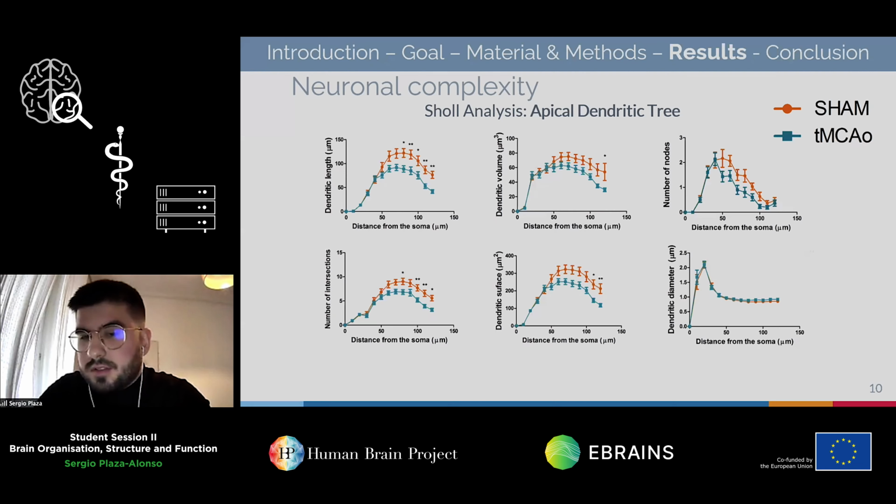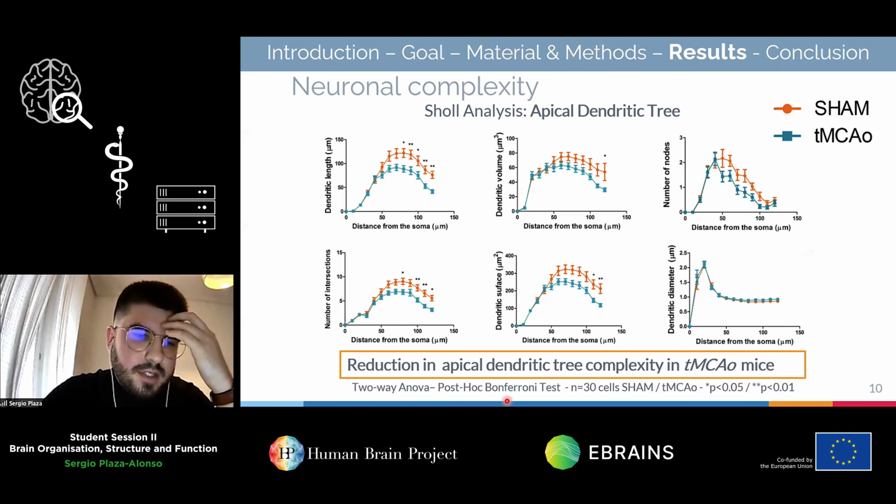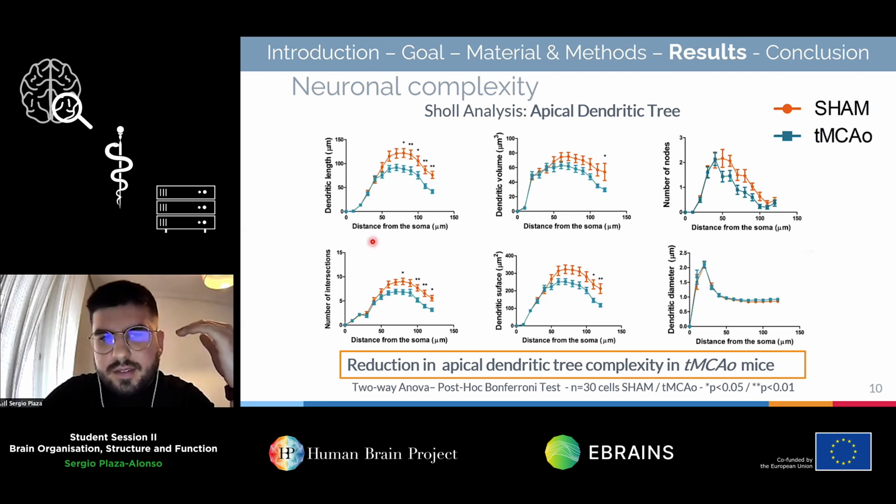Going on with the results, what we first observed was a clear and significant reduction in the apical dendritic tree complexity in tMCAO mice, regarding several morphological parameters such as dendritic length or the number of intersections, as you can see in these graphs, shown in blue tMCAO and in orange the sham mice.